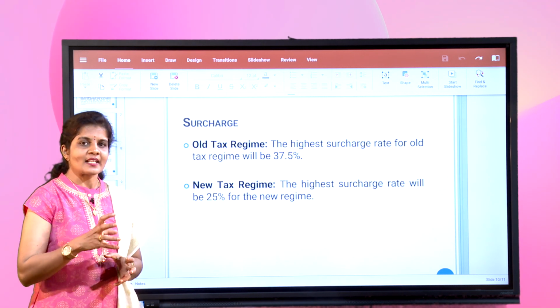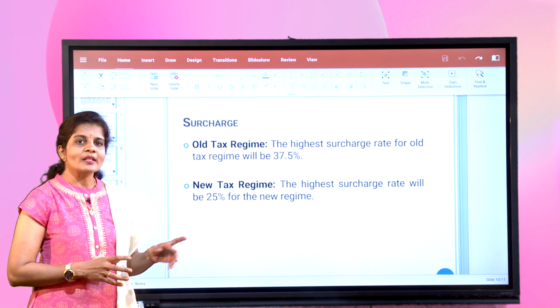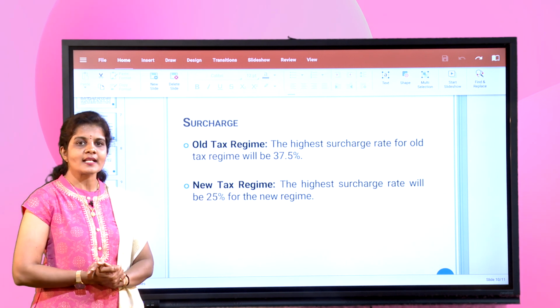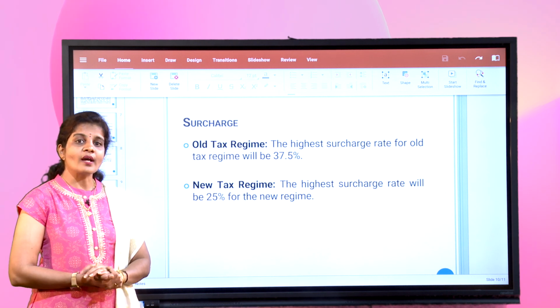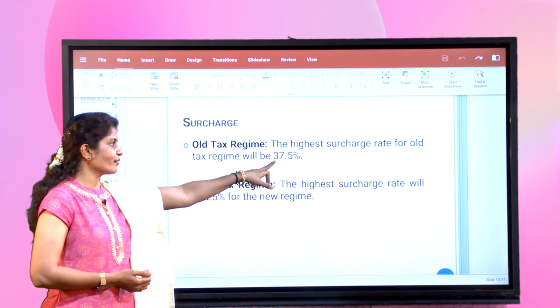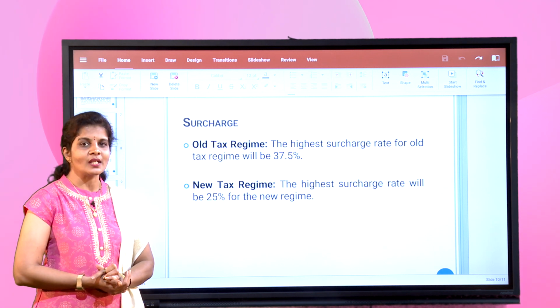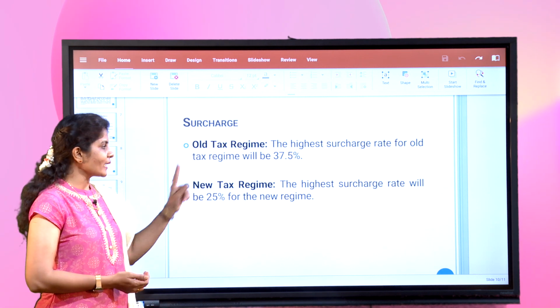So on the tax which we calculate, if the income of an individual exceeds 50 lakhs, a surcharge on the tax at the rate of 37.5% needs to be paid by an individual. This is under old tax regime.